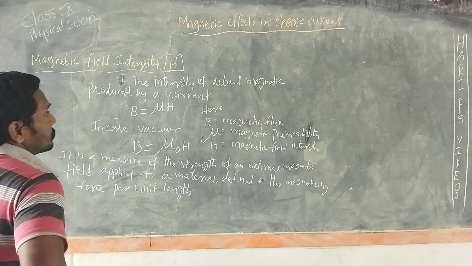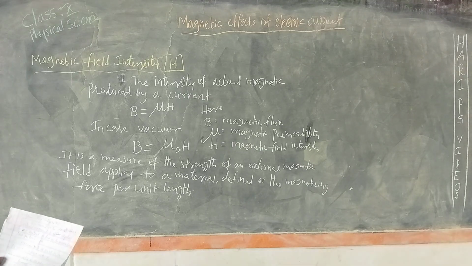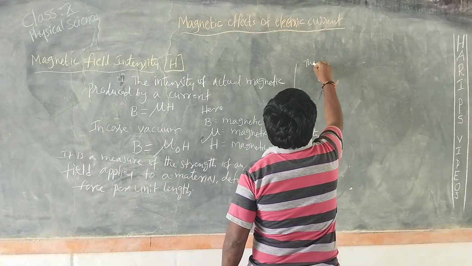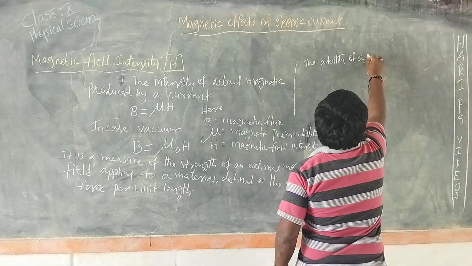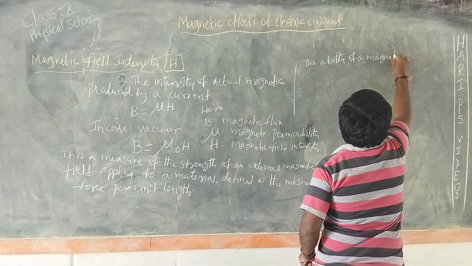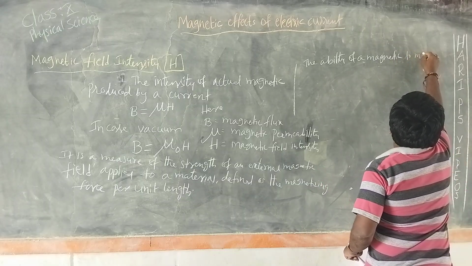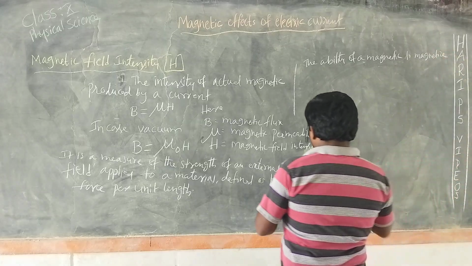Another definition: this quantity indicates the ability of a magnetic field to magnetize a material.